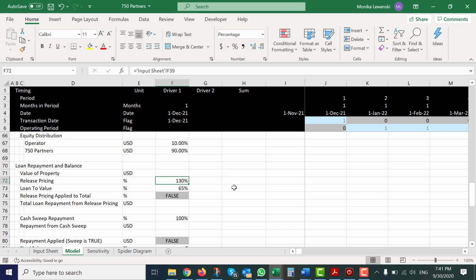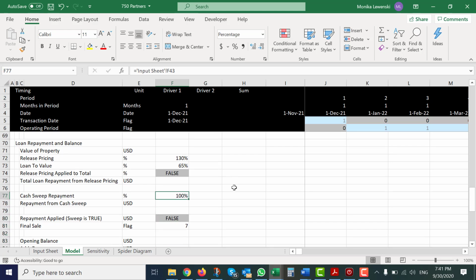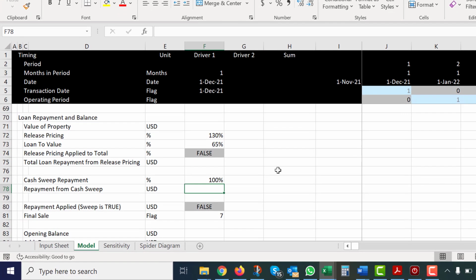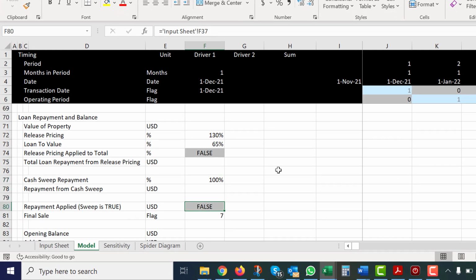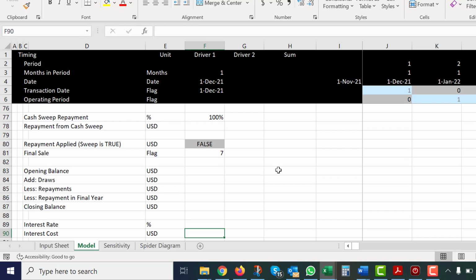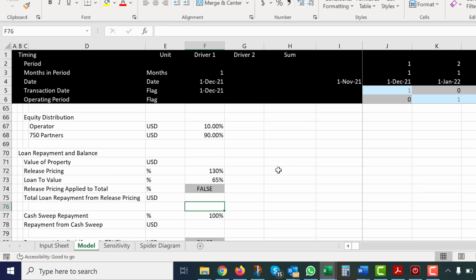One where we just take 130% of our total proceeds, 130 times 65%, and then we'll get our total loan payment for release pricing. But we also might have a loan repayment from the cash sweep, so that's just 100% of the sale proceeds. And then we'll put another little switch here and get our total repayment, whether it's from the sweep or this release pricing.